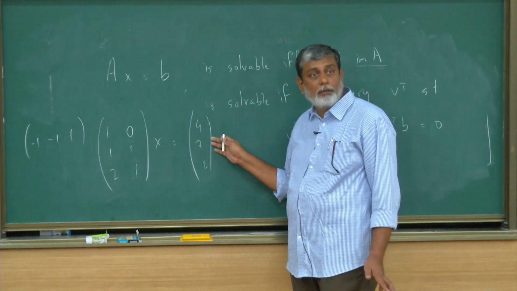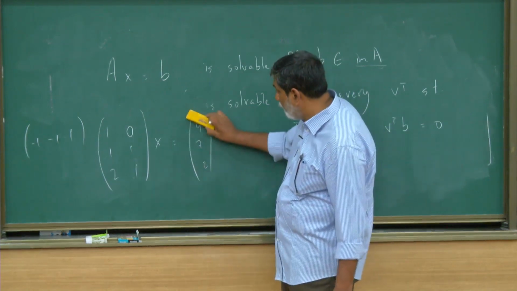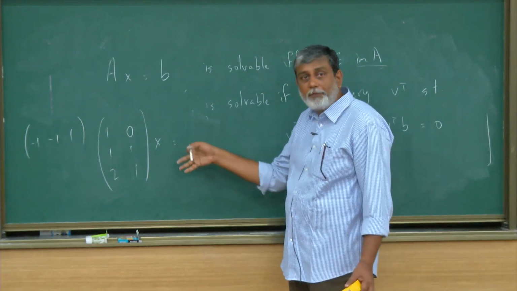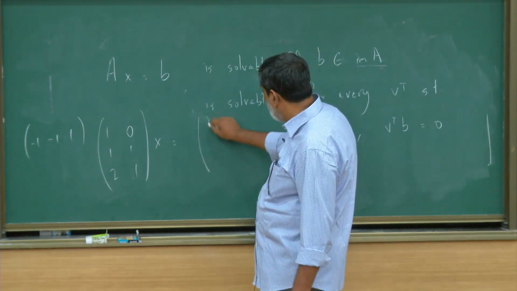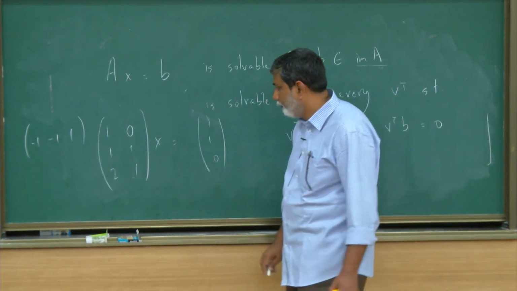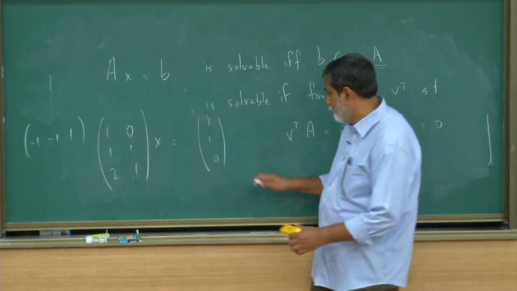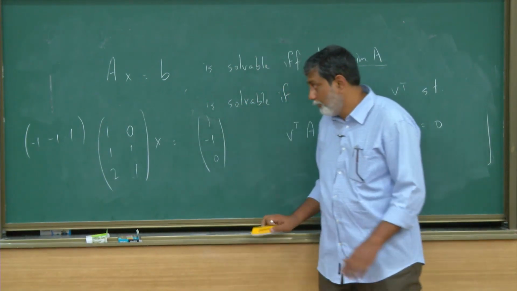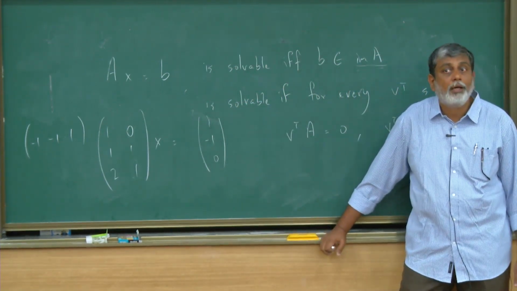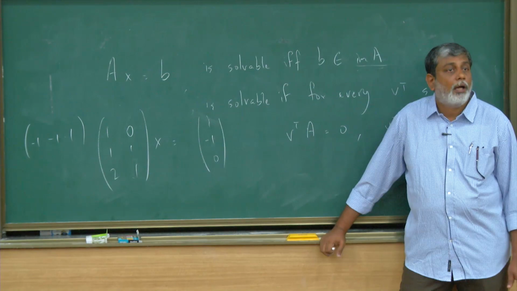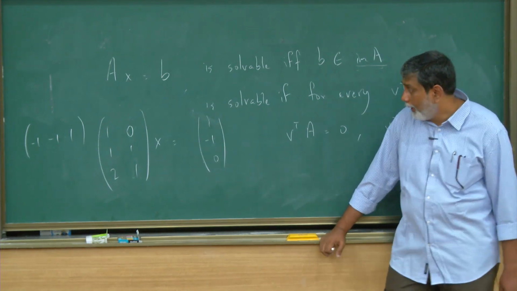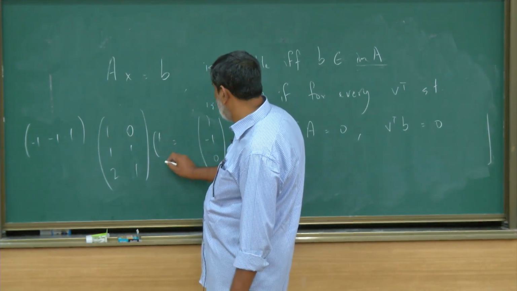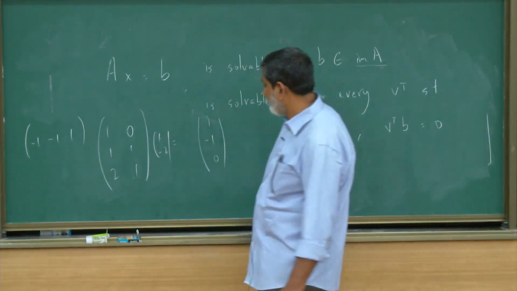So suppose you take some vector which satisfies this condition. So let's say 1, 1, 0. No. 1, minus 1, 0. So can you solve this? Yeah, you can, because the solution is going to be 1, minus 2.